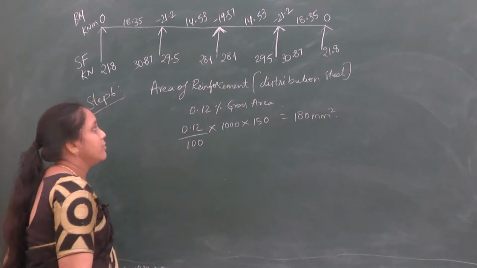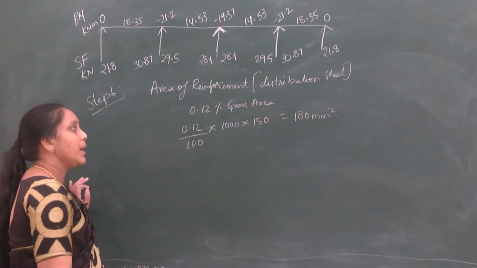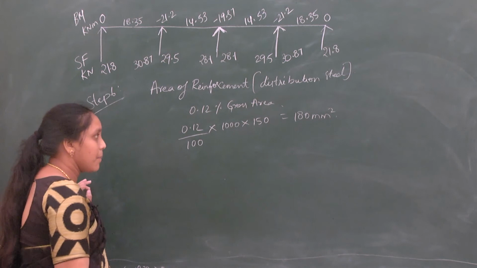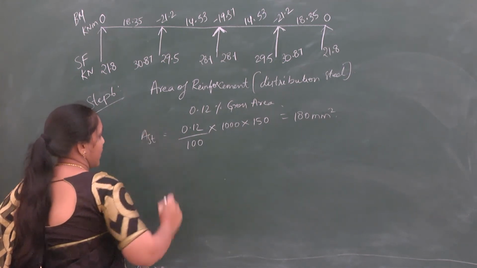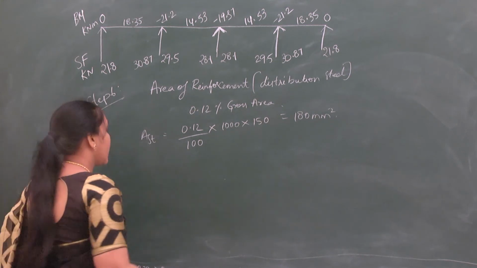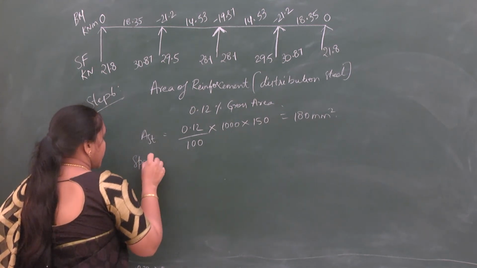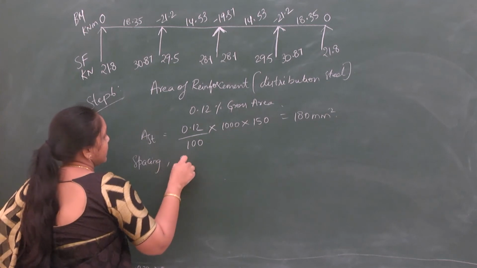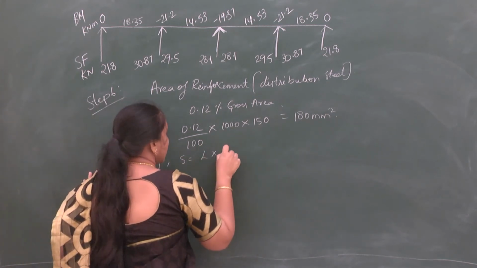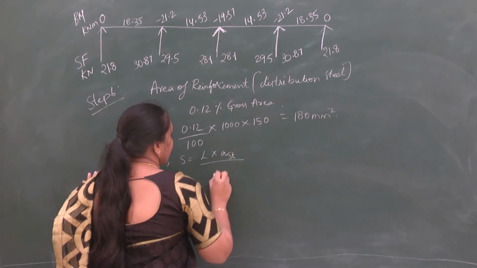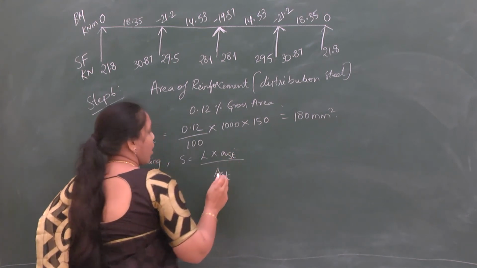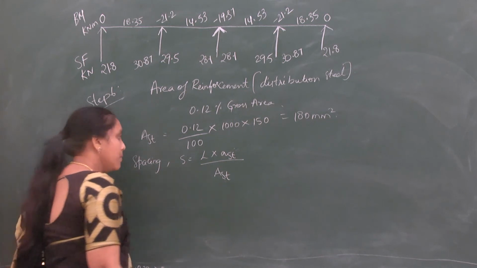So the area of distribution steel you have to provide is 180 mm square. That is, the AST here is 180 mm square. After calculating the AST, we have to calculate the spacing. S is equal to L into small ast divided by capital AST. This is small ast and this is going to be our capital AST.